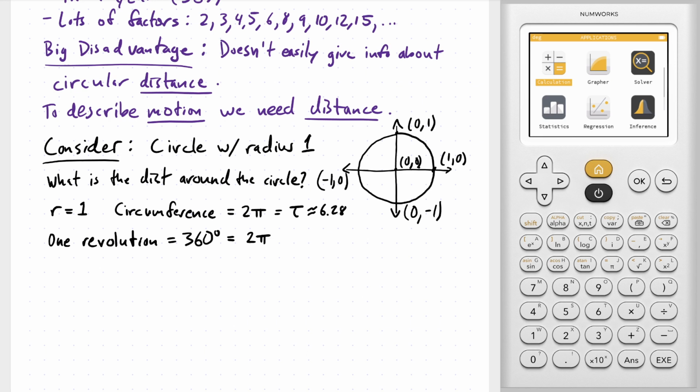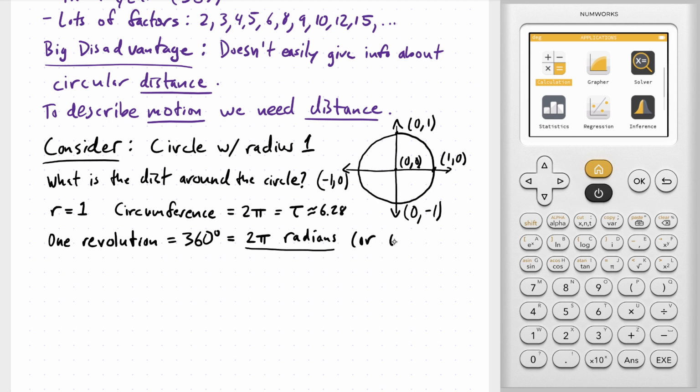And this is where radians come in. Radians give us the distance around the circle with radius 1. Instead of using degrees, we can use this measurement of distance around the circle. So 2 pi radians. This is our first equation of the day: 360 degrees equals 2 pi radians.